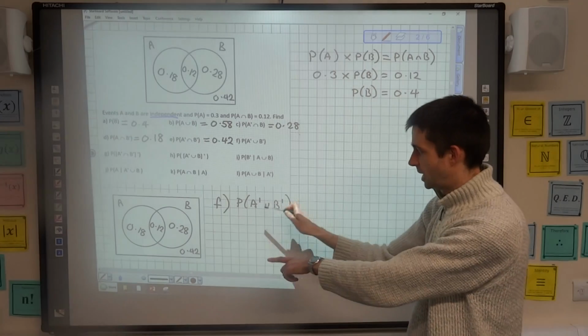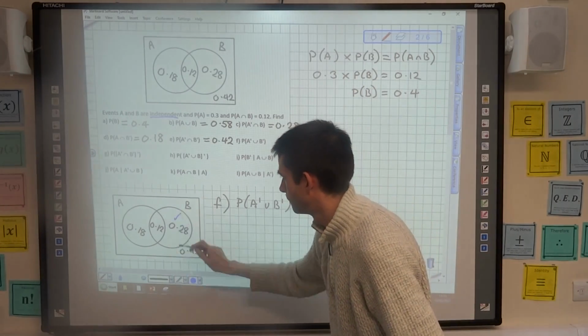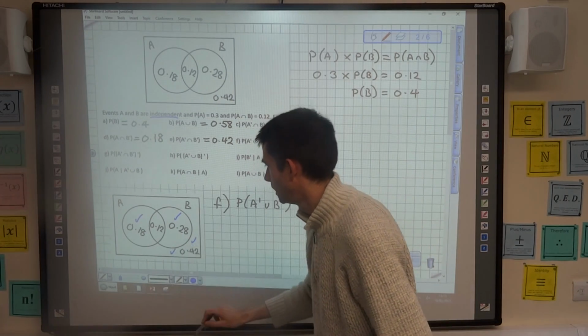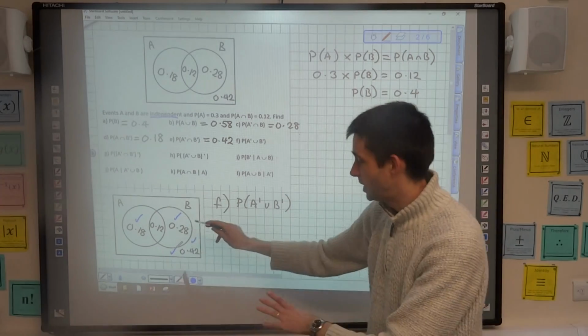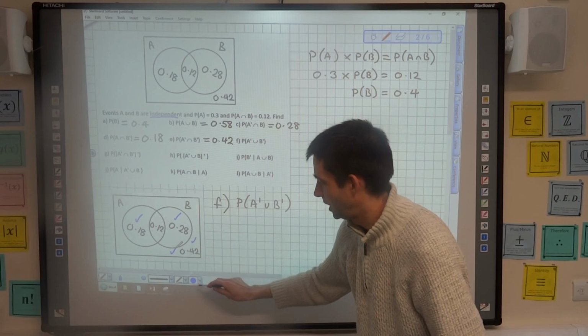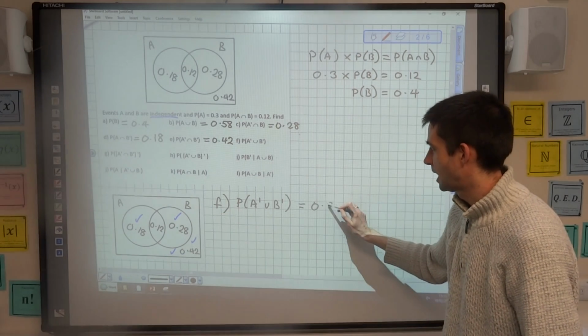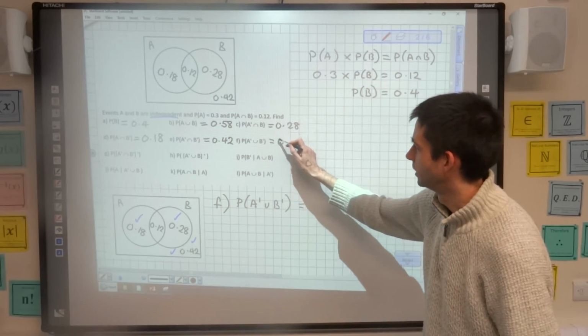So, not A, union, not B. So we'll tick the bits that are not in A, and we'll tick the bits that are not in B. Two ticks is the intersection, that's the bit we did in part E. Any tick is the union, so it's everything except that 0.12 in the middle, which is 0.88. Just chop that there for completeness.